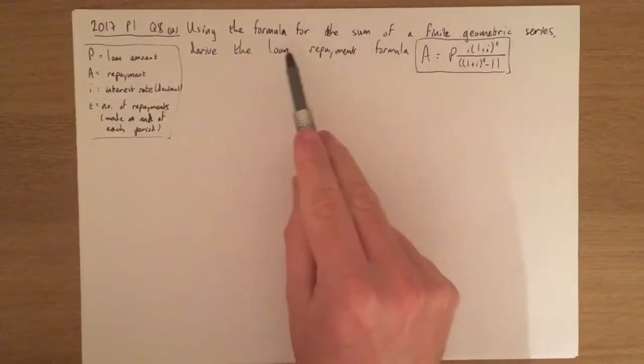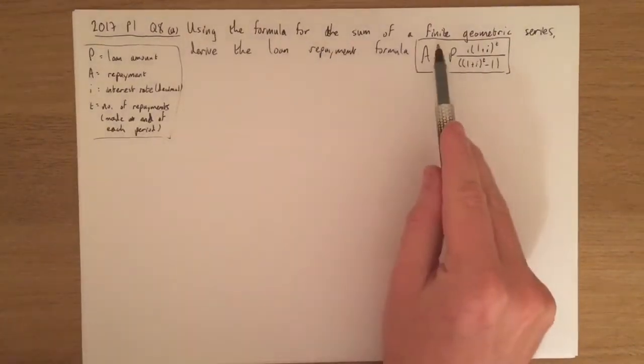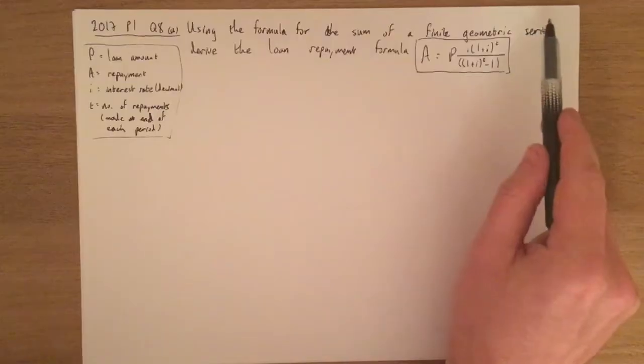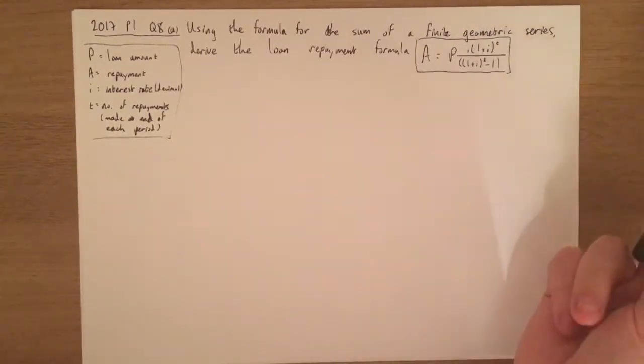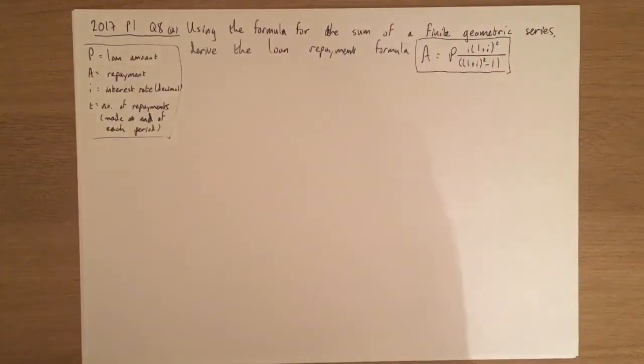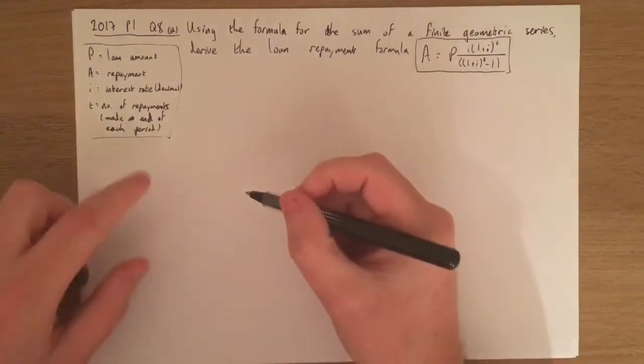So using the formula for the sum of a finite geometric series, we are going to form a finite geometric series first, and then we'll sum it, and then we'll see what we need to do to derive this.